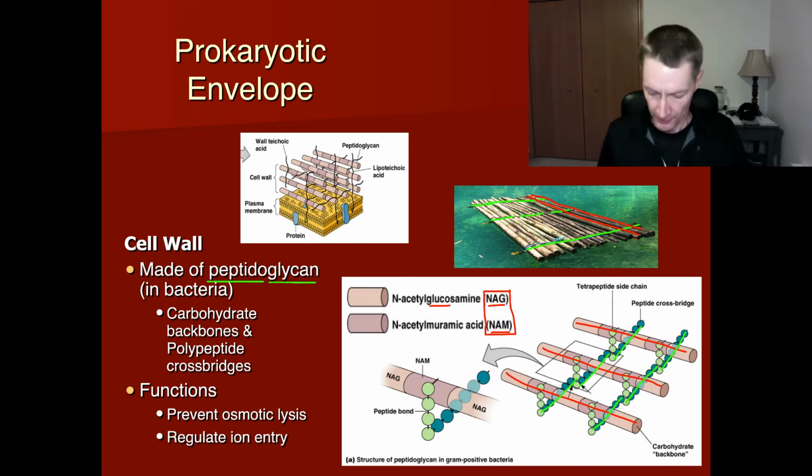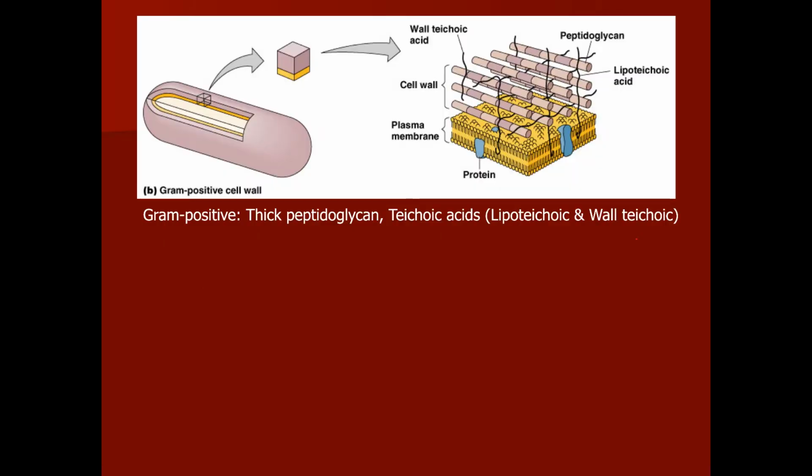Now, if we were to look at the difference in two major groups of prokaryotic cells, we would see that there's a big difference in that one has a very thick peptidoglycan layer in its wall, and others have a very thin peptidoglycan layer, okay?